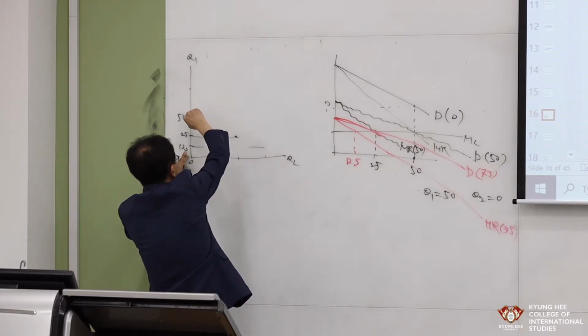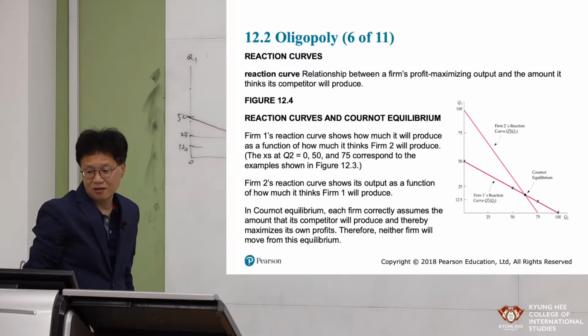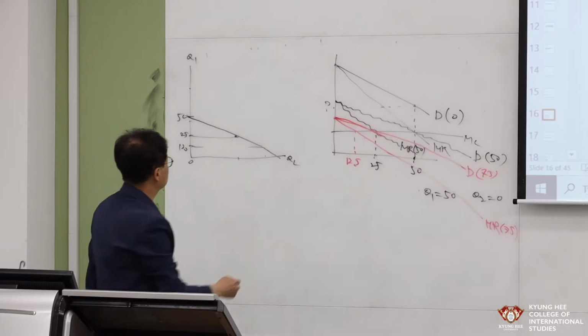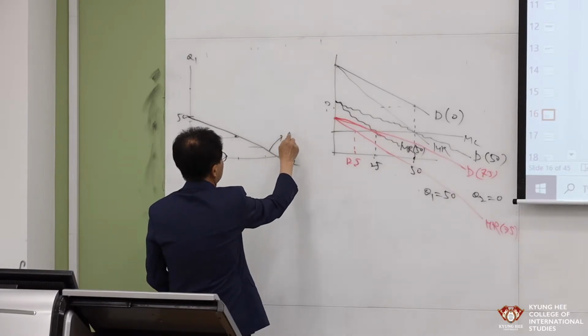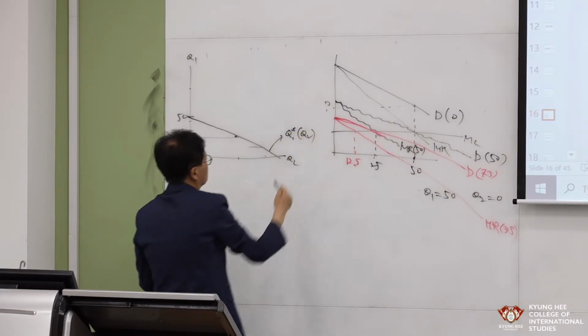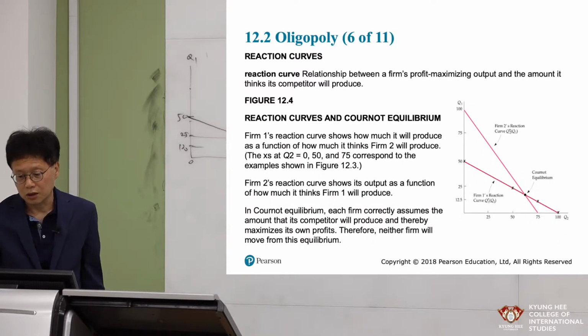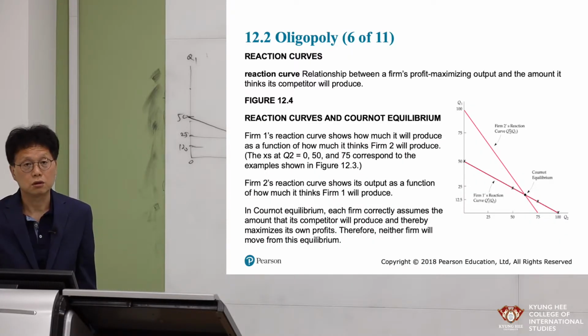If we connect these points, we get Firm 1's reaction curve like this. We say Q1 star is a function of Q2. Can you understand?